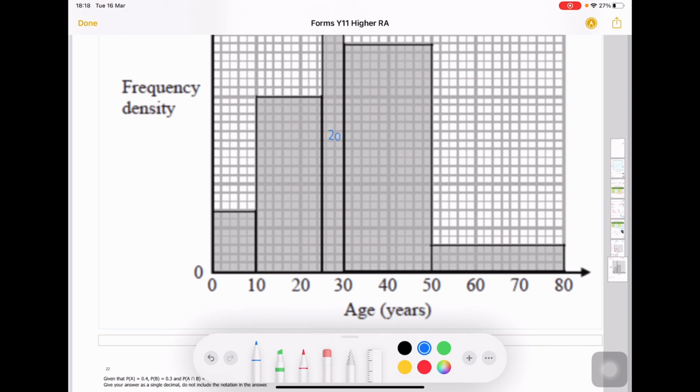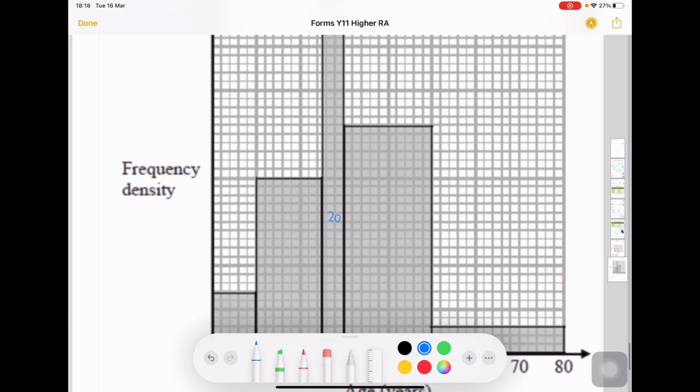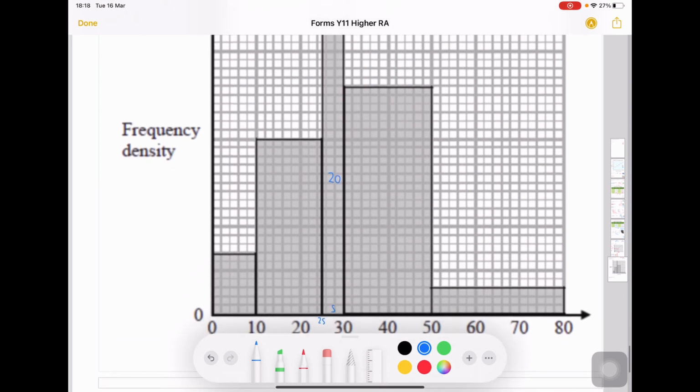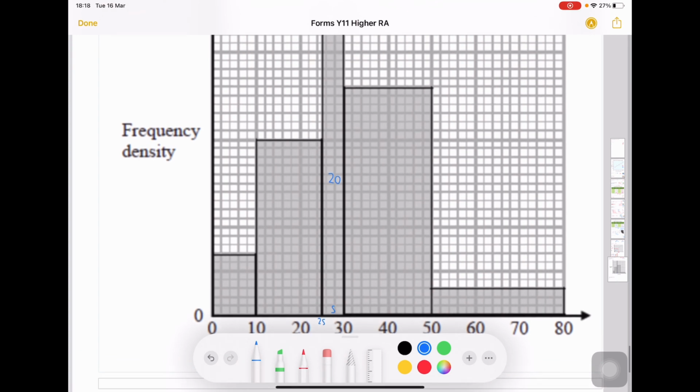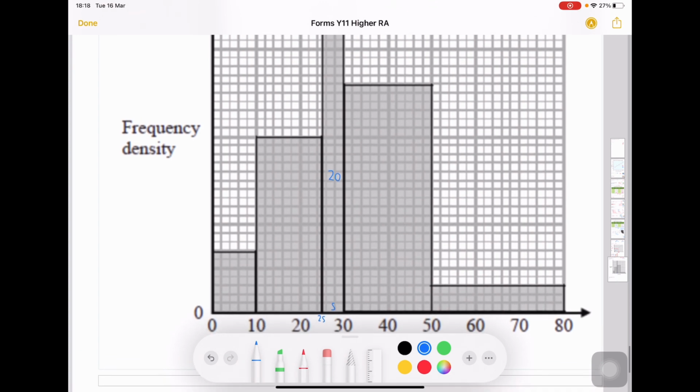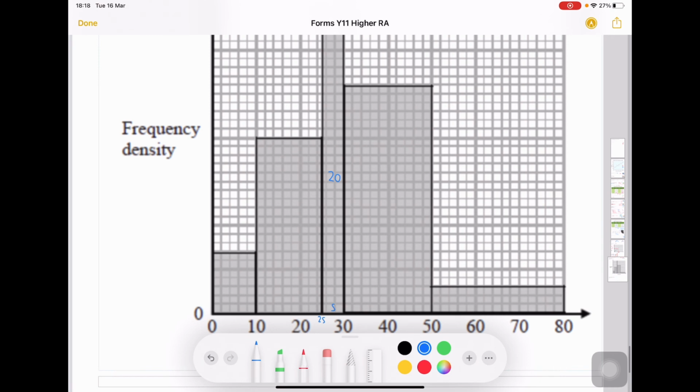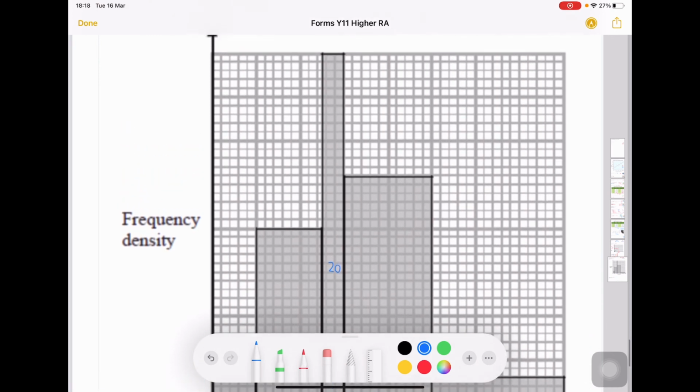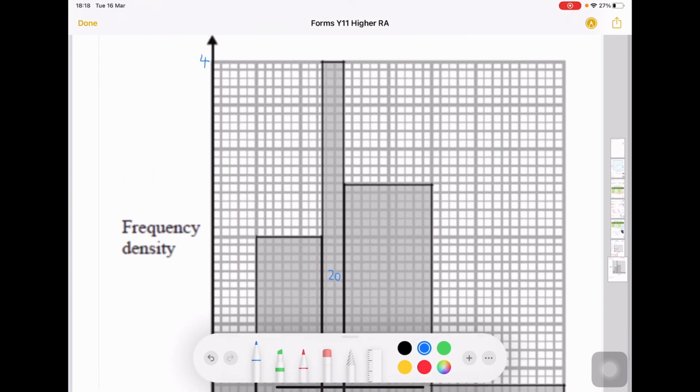And so this is 25. So the base of this rectangle is 5, and the height is a very large number. Okay, but we know that 20 divided by 5 is 4, so the frequency density has to be 4.